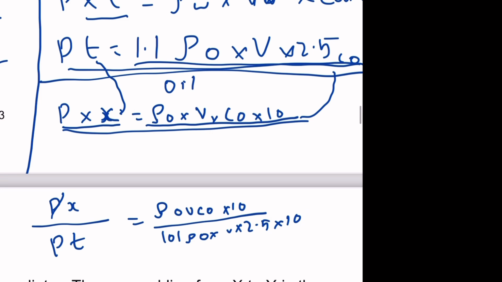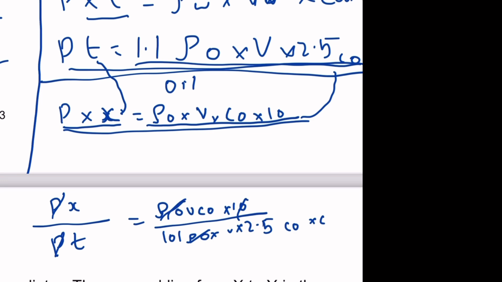So you can cancel out the power, the density of oil, specific heat capacity. So now I'm just gonna cancel out the like terms.